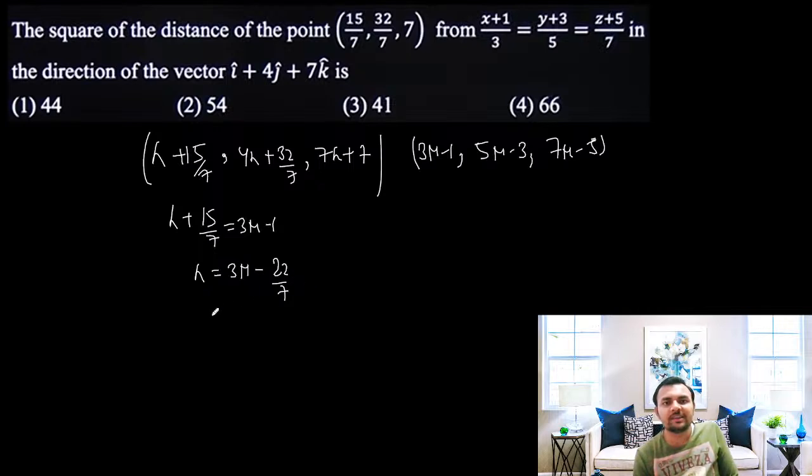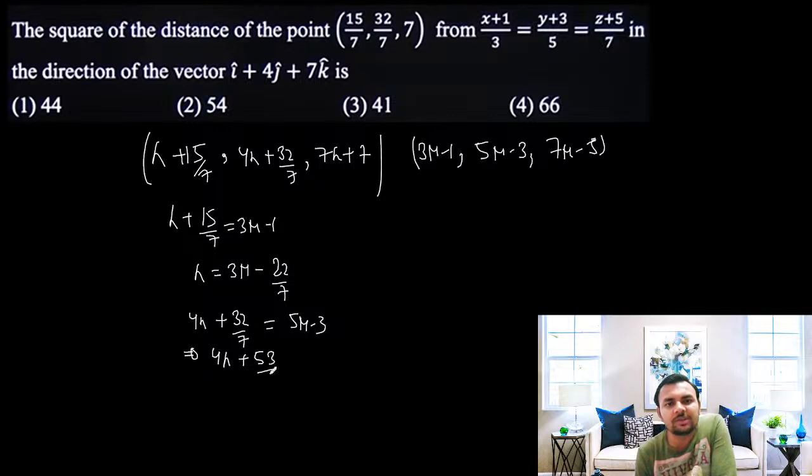We can say that 4 lambda plus 32 by 7 is equal to 5 mu minus 3. So it's simply 4 lambda plus 53 by 7 equal to 5 mu.